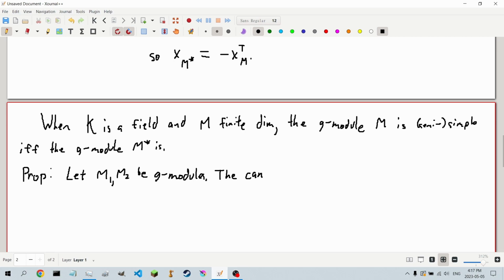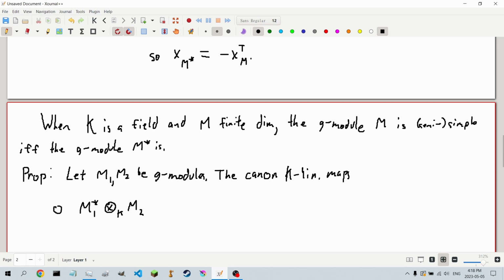The canonical K-linear mappings: we have one from the dual of M1, M1 star, tensor, that's the K tensor, M2.